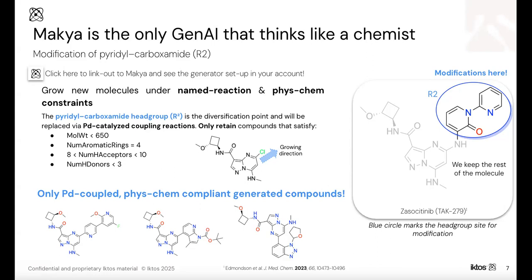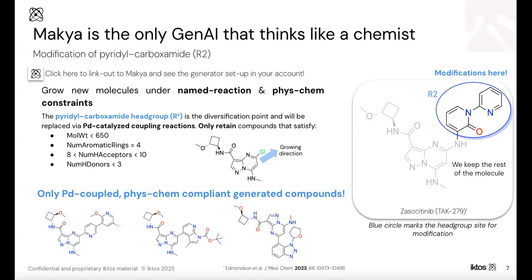Then we layered on physicochemical filters to define what will be allowed in the new head group. In this particular case, we want molecules with molecular weight below 650, exactly 4 aromatic rings, hydrogen acceptors between 8 and 10, fewer than 3 hydrogen bond donors. Also, we've added a SMARTS-based filter to exclude PAINS and tox, so any molecule containing undesirable substructures is automatically filtered out.